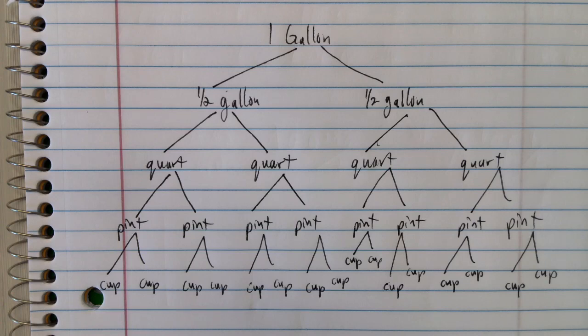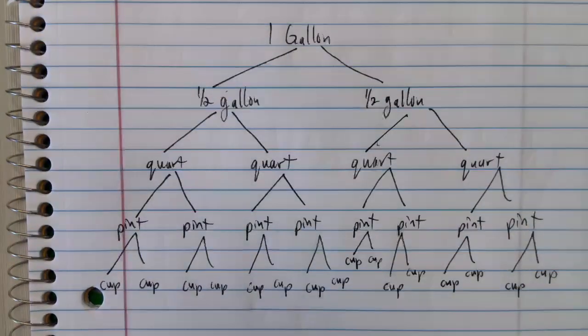Yes. How many cups are in a quart? 4. All right. 4 cups in a quart. Can everybody see 4 cups in a quart? Yeah. Because there's 2 pints and there's 2 cups in 1 pint.